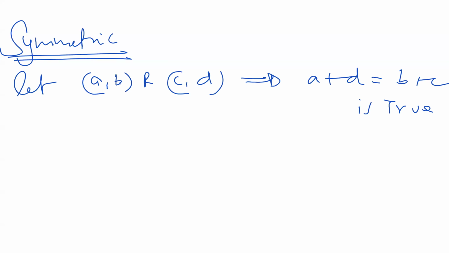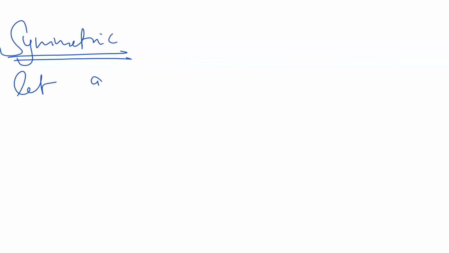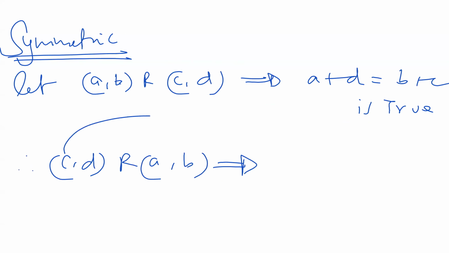This is the given rule. It has to be true. Now reverse this. Therefore, C comma D relates to A comma B implies what? Sum of the extremes: C plus B equal to D plus A.